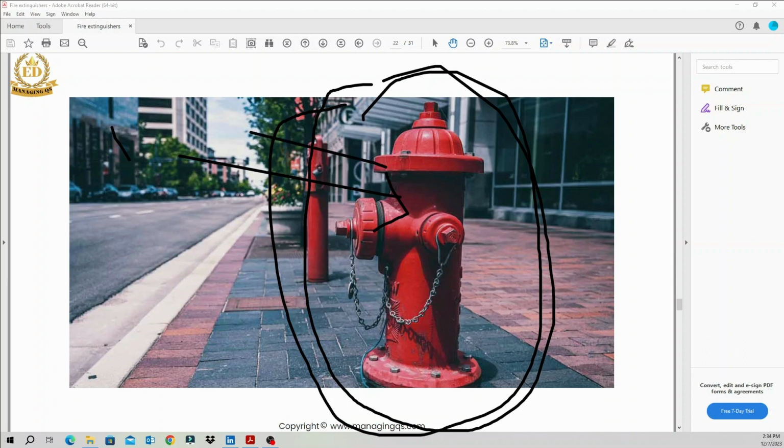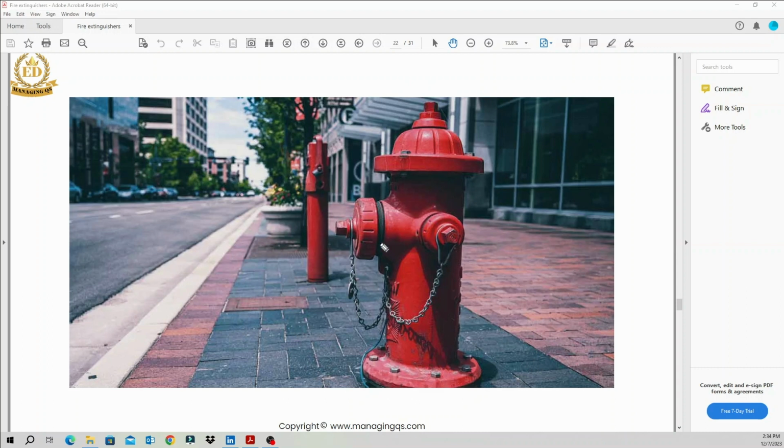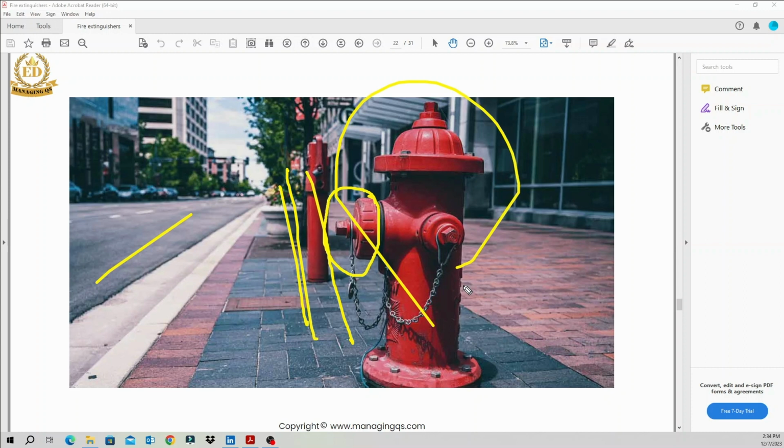There is an opening, and it is connected with a main infrastructure line. This is the road, and on this side we can find the main infrastructure water pipelines. This fire hydrant is fully connected with the main infrastructure water pipeline.